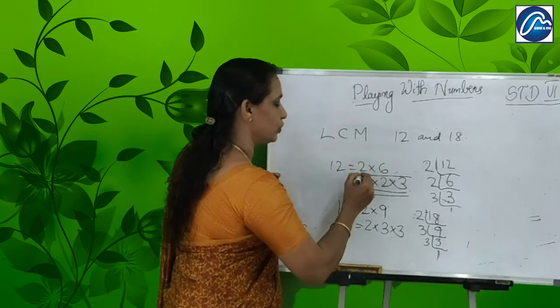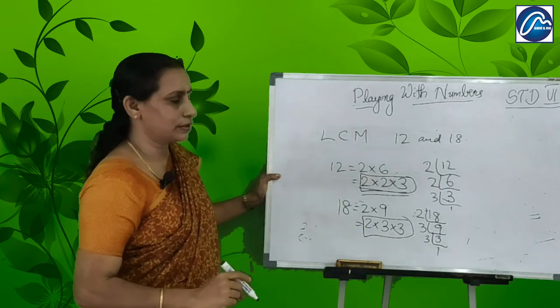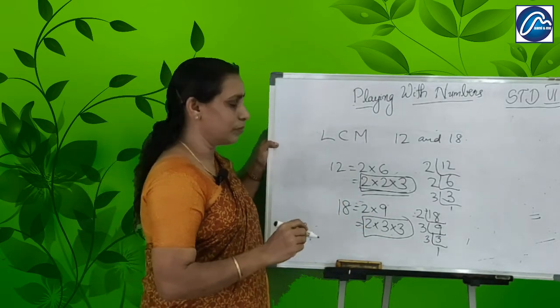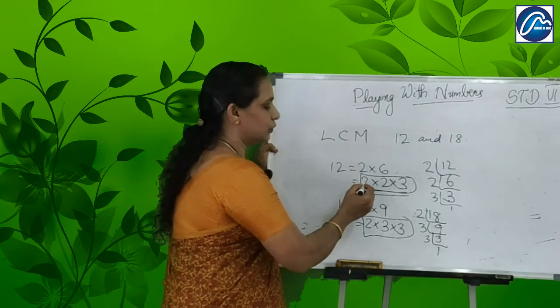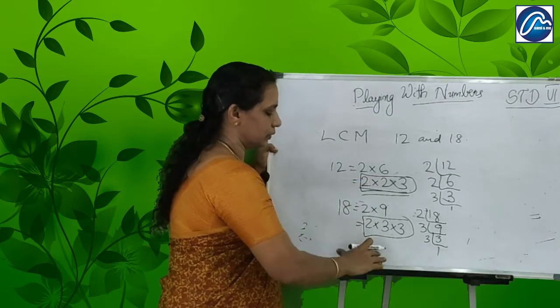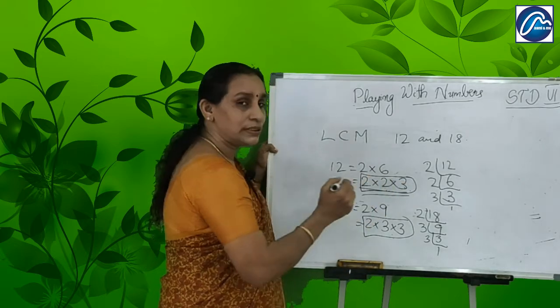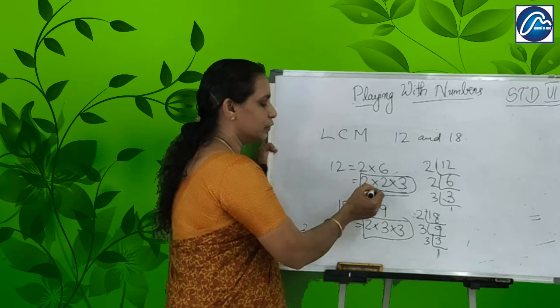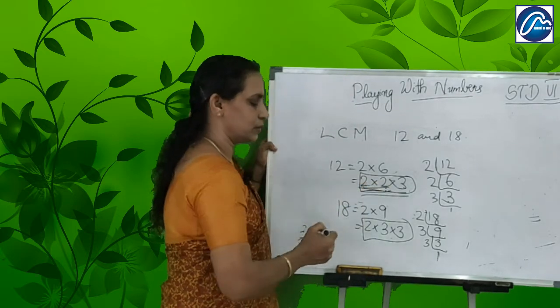Now we are writing this: 2 into 2 into 3 is here, 2 into 3 into 3 is here, and we need the least common multiple. That means in both of these, the number which is repeating the most times.